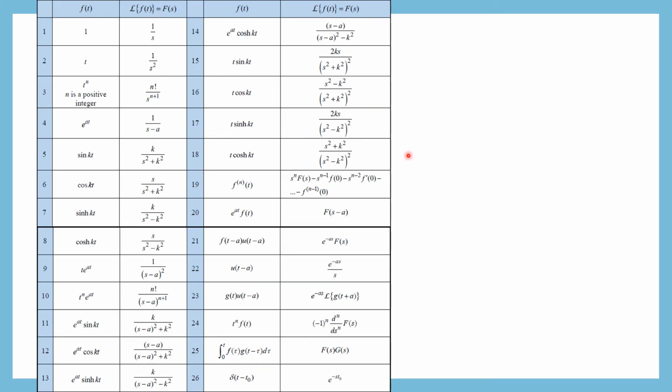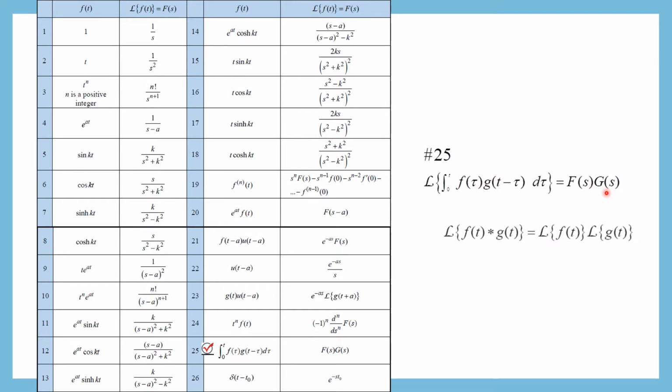In this table of Laplace transforms, we can get the formula for the Laplace transform of the convolution of two functions by referring to formula number 25. Okay, so we will read here that the Laplace transform of the integration from 0 to t of f(tau) g(t minus tau) d tau is equal to F(s) multiplied by G(s).